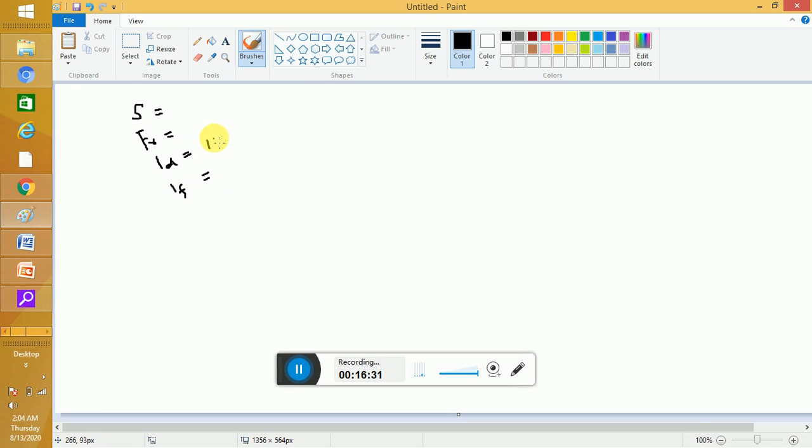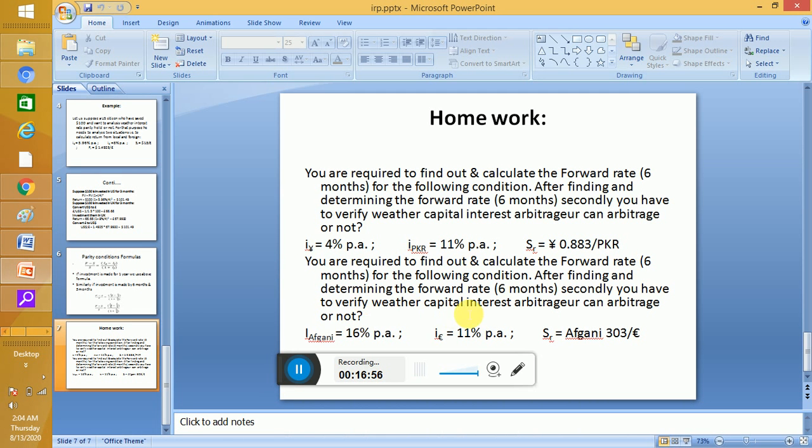Interest in domestic currency it is 16%, interest in foreign currency it is 11%, forward rate is 310.1800, and spot rate was also given, spot rate was 303.